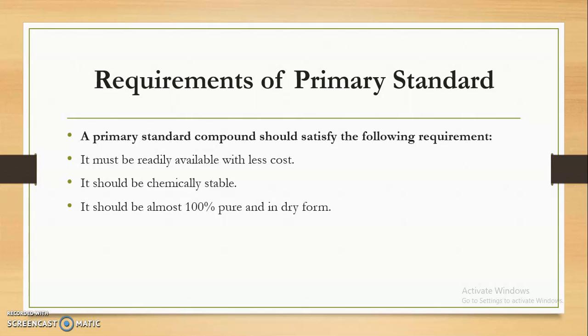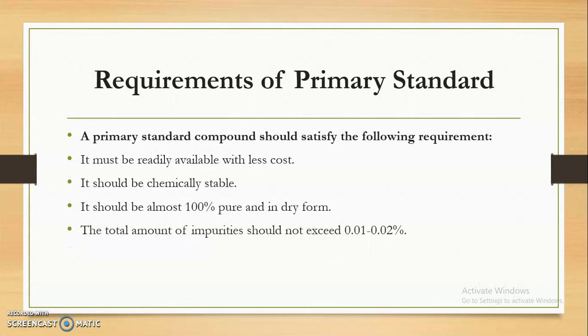It should be almost, as I said, it is not possible to get a 100% pure compound. So almost 100%, that is nothing but 99.99% purity, can be obtained for certain substances. So primary standards must be available in 100% pure form as well as in dry form.